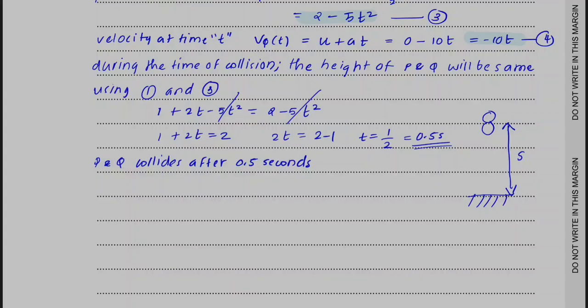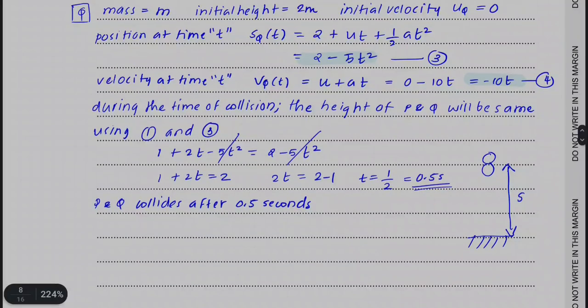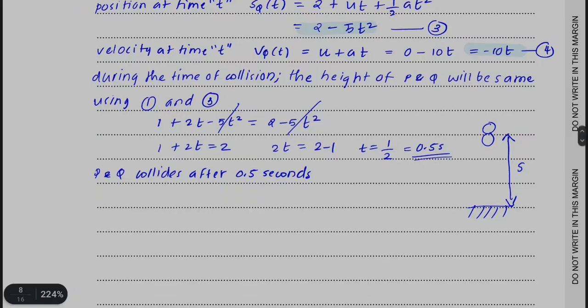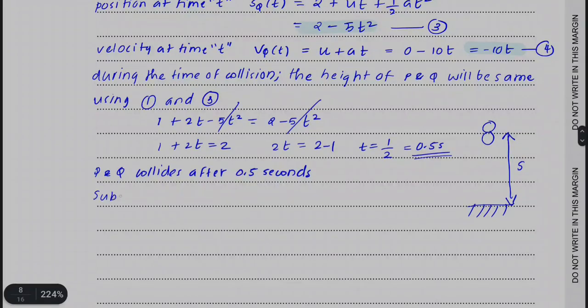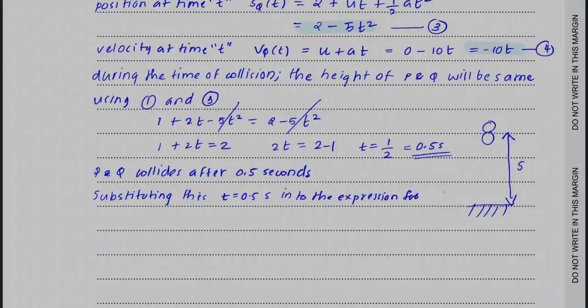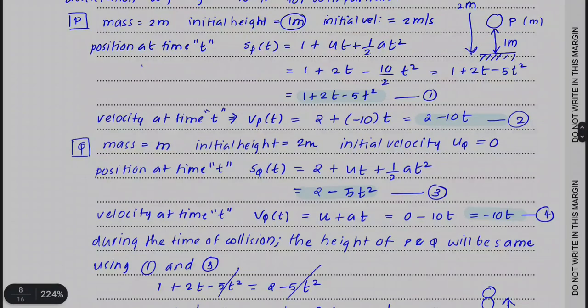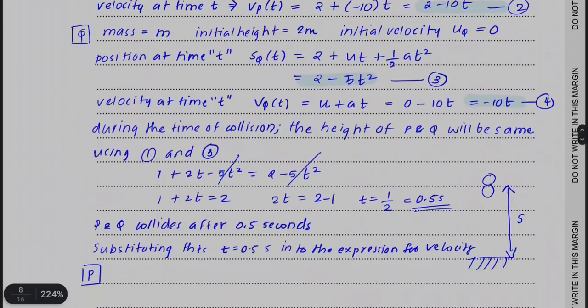Also we derived an expression to find the velocity with respect to time. So we are going to substitute t equal to 0.5 seconds into the expression for velocity. For the particle P, the expression was, see the second equation, 2 minus 10t.